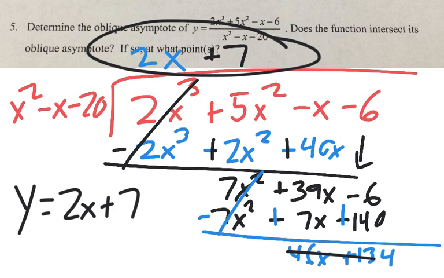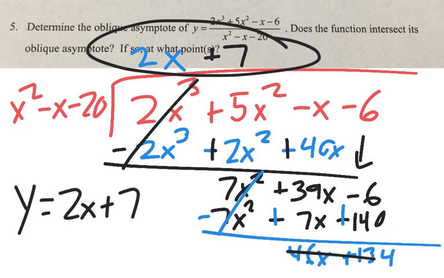So I've got y equals 2x to the third plus 5x squared minus x minus 6 over x squared minus x minus 20.